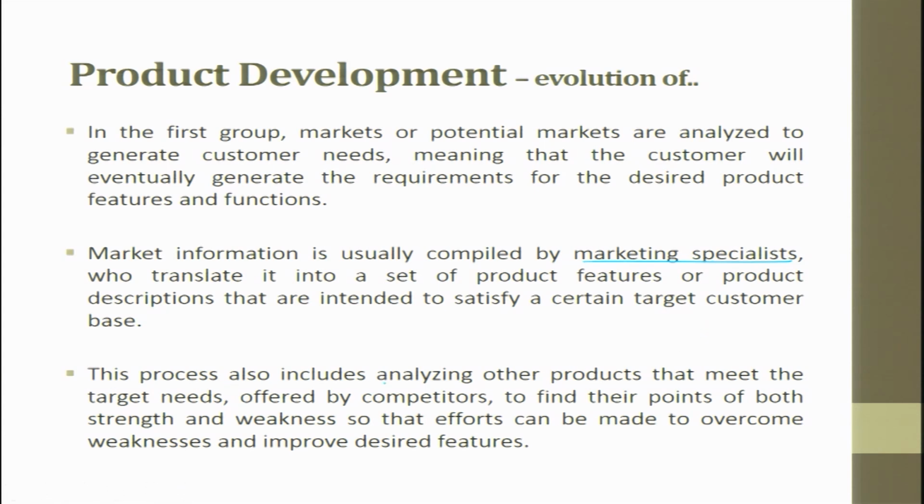This process also includes analyzing other products offered by competitors that meet the target needs, to find their points of both strength and weakness, so that effort can be made to overcome weaknesses and improve the desired feature. So, you decided that you will make a pen. Once you have decided that you will make a pen or pencil, what you do is quickly go to the market and collect all the pencils.